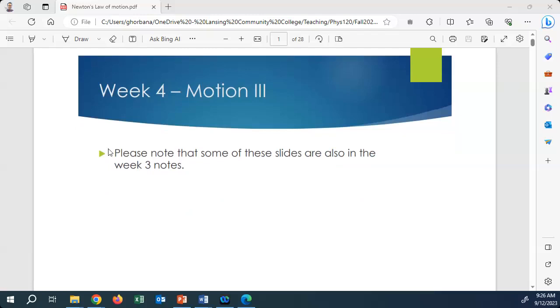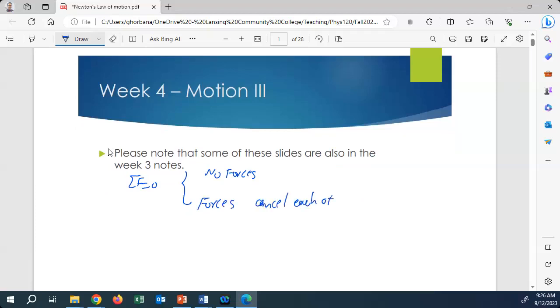What does it mean when the net force is zero? It means no forces, or if there are forces, the forces cancel each other. We learned this, that this is equilibrium.